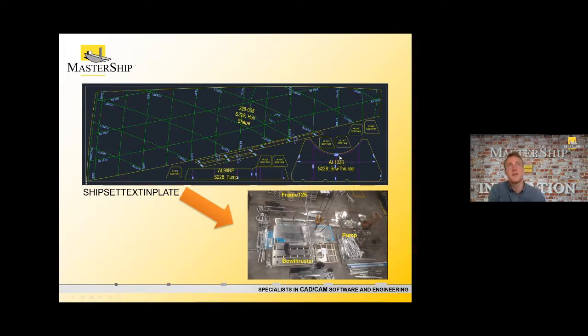So this information that we have here, for example, on the bow thruster, is in the middle of the plate, but now the other plates are stacked on top of it, so we do not see it anymore. So what can we do about it? Well, we can, for example, put the part ID here in the corners of the plate. And that is, again, an easy solution to improve your logistic process.